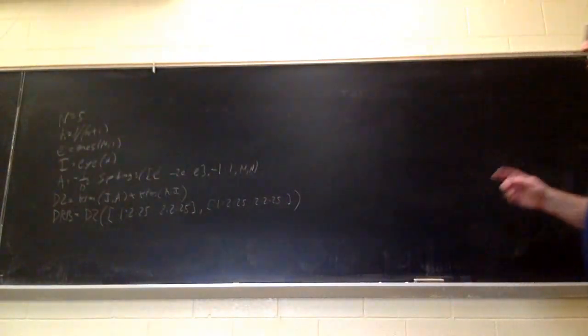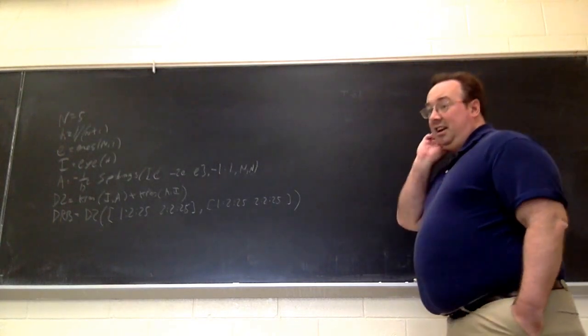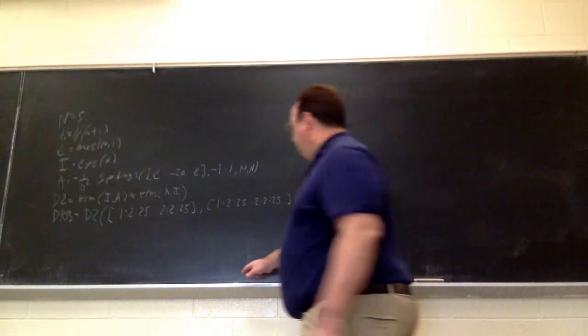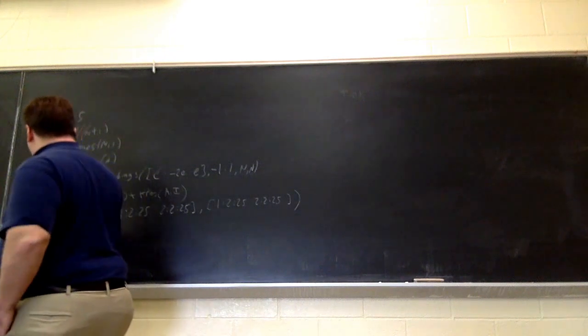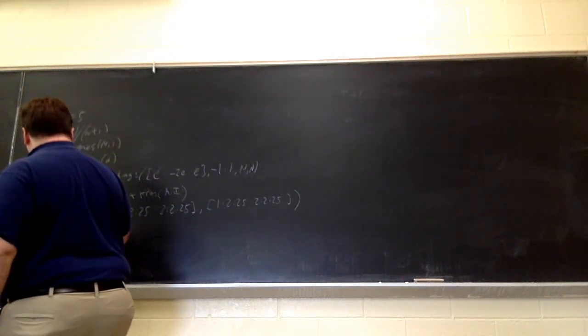What I want you to do next is for both these matrices, D2 and DRB, we'll actually carry out Gaussian elimination so we can look at the factors. So we'll just use the LU command, which works for a full or sparse matrix.